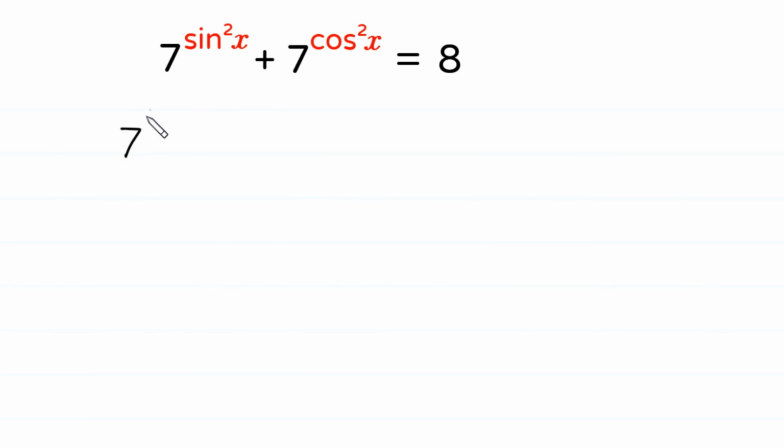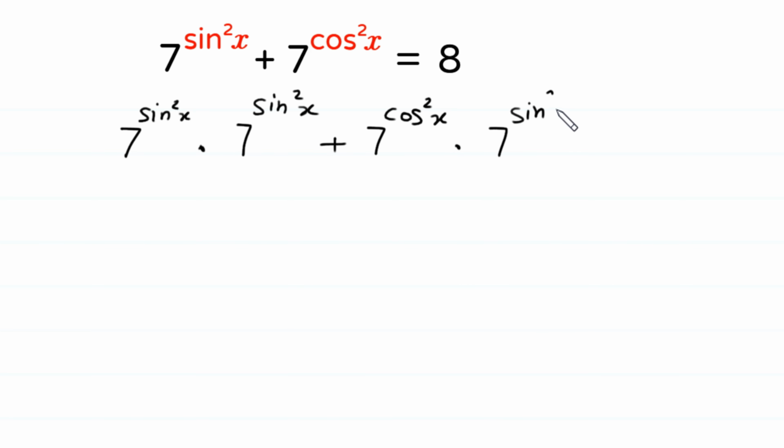7 to the power sine square x times 7 to the power sine square x plus 7 to the power cos square x times 7 to the power sine square x is equal to 8 times 7 to the power sine square x.